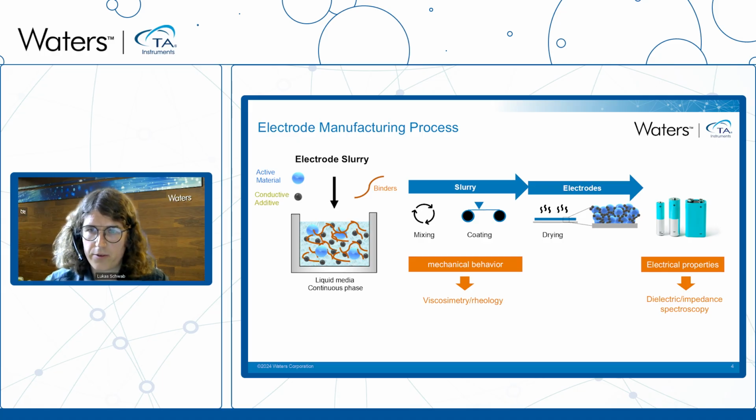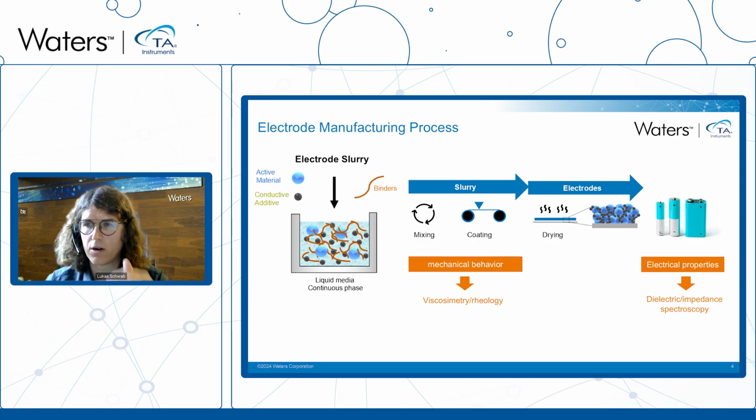So here we have two different analytical technologies that are mostly used at different stages of the production process of a cell. But by combining these two methods together in one experiment, we hopefully can get information about the final behavior of our cell already at an early stage from the slurry.